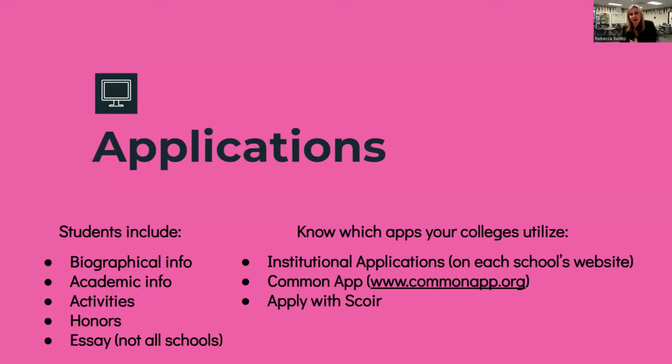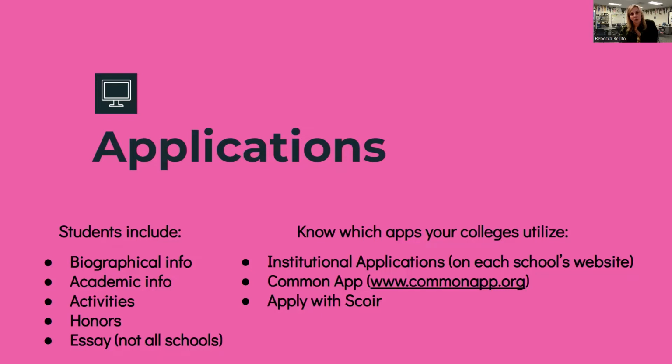There are three main ways that you can apply to colleges. Some colleges offer all three methods, but those three methods are one, institutional applications, which basically just means it's the university or college's in-house application that you would find on their website.